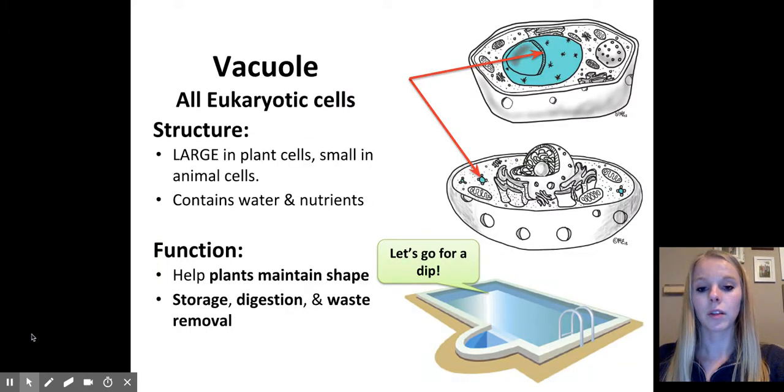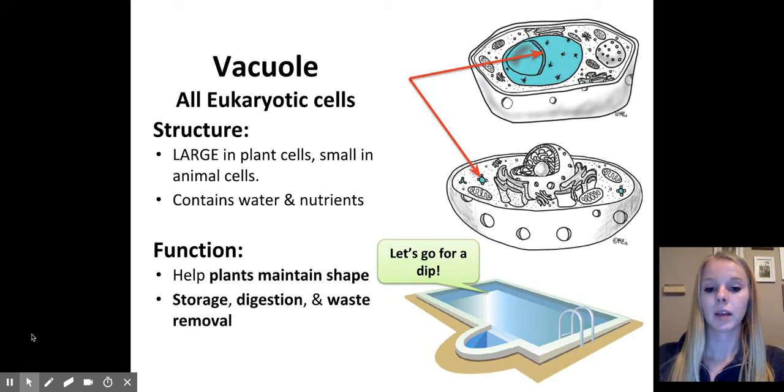Vacuoles are located in all eukaryotic cells, but they appear differently in plants than they do in animals. In plant cells, there is a single large vacuole, and in animal cells, there are many small vacuoles. They contain water and nutrients and help with storage, digestion, and waste removal.